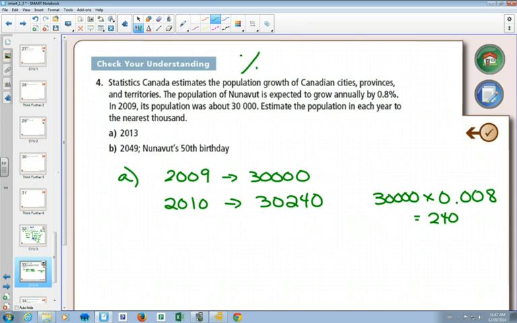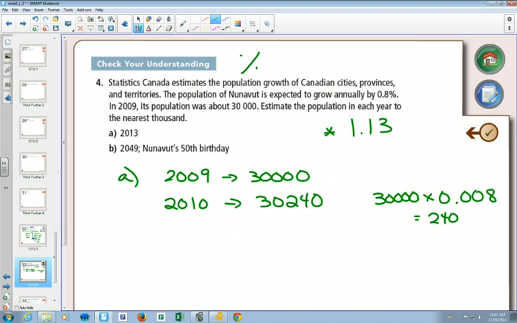Does anyone know the shortcut to figure out how much that is? Right, we're going to take it and we multiply by 1.13. Now the 1 stands for your amount that you began with.